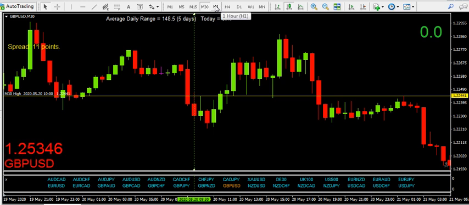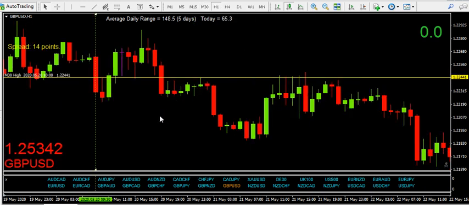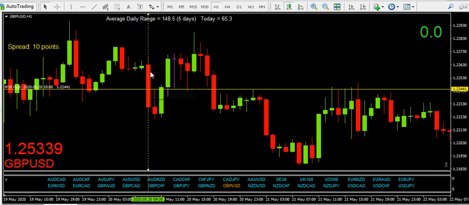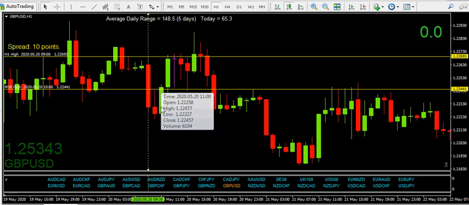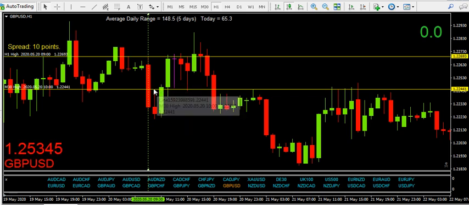So let's just have a look at that. In fact, it's not the hourly high. The hourly high is way up there. And we clearly, with this hourly chart, broke through the resistance. Then it pulled back and continued.